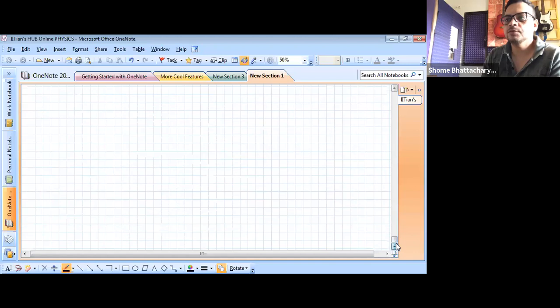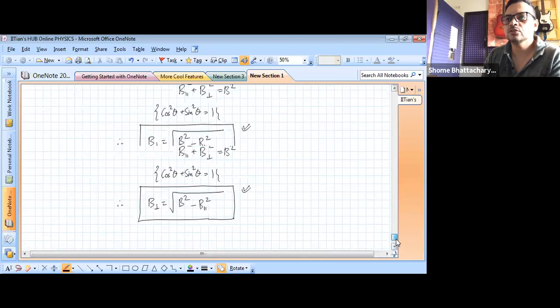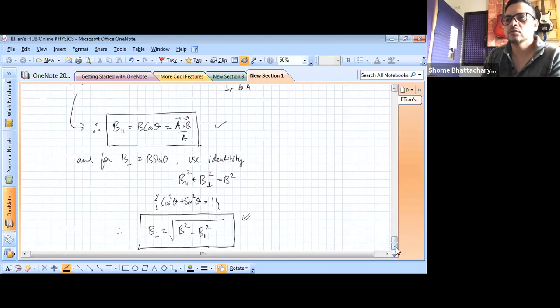You can see for the perpendicular component, we will make use of this. So this is how we find the perpendicular component. B sin theta निकालना है अपने को और B cos theta पता है. So just use the identity that sine square theta plus cos square theta is unity.